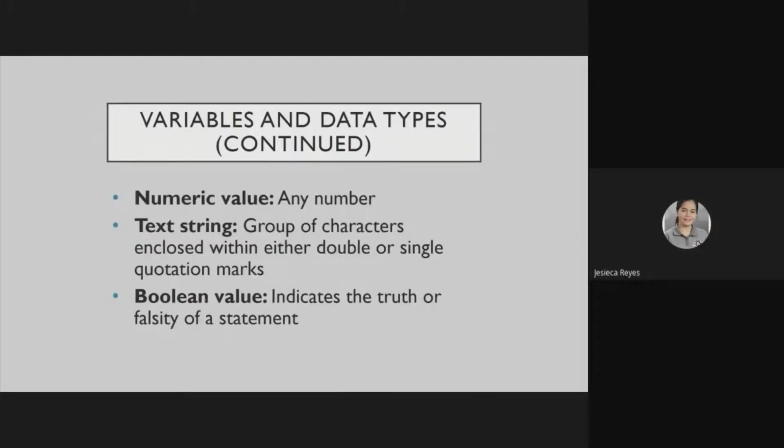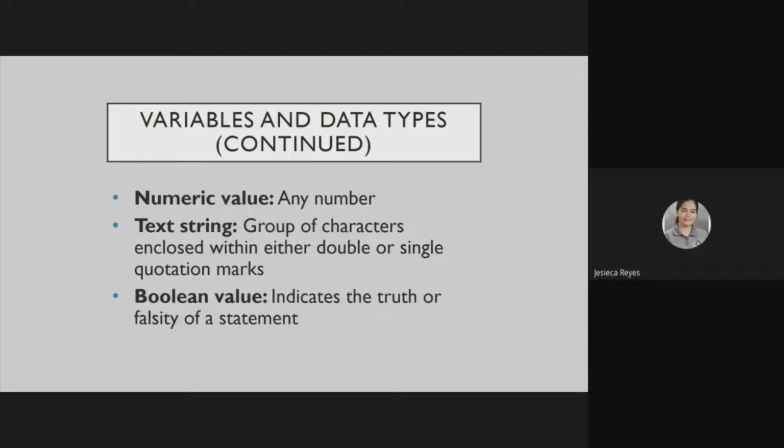So for the numeric value, you can have any types of number. The text string is a group of characters enclosed within either double quote or single quotation marks. Okay, so in Java or C++, you use a single quotation mark for a character, and double quotation marks for text.